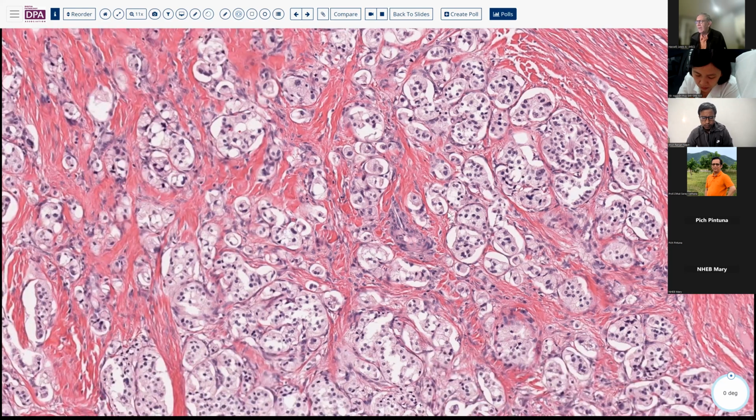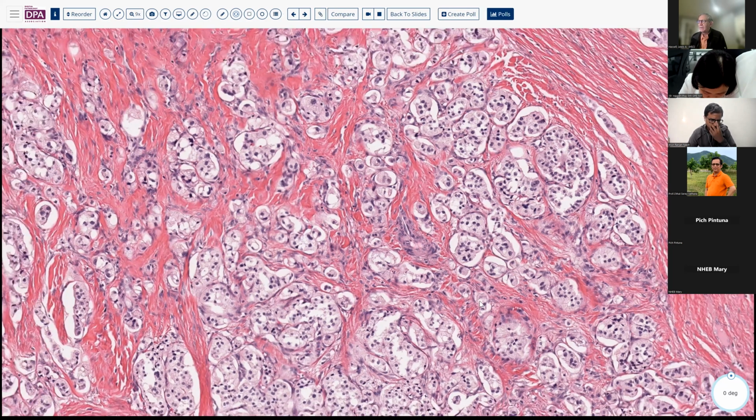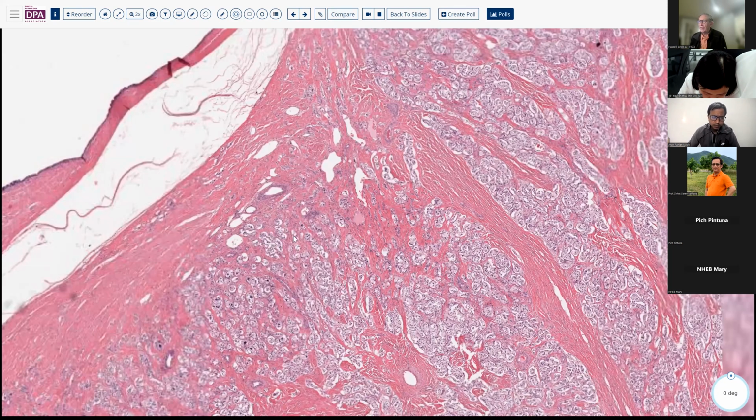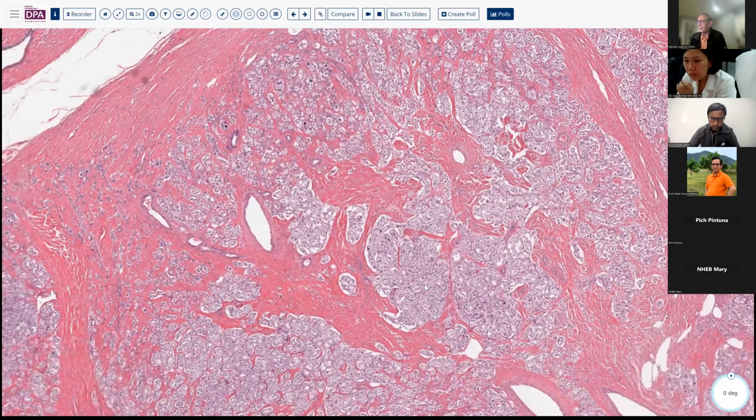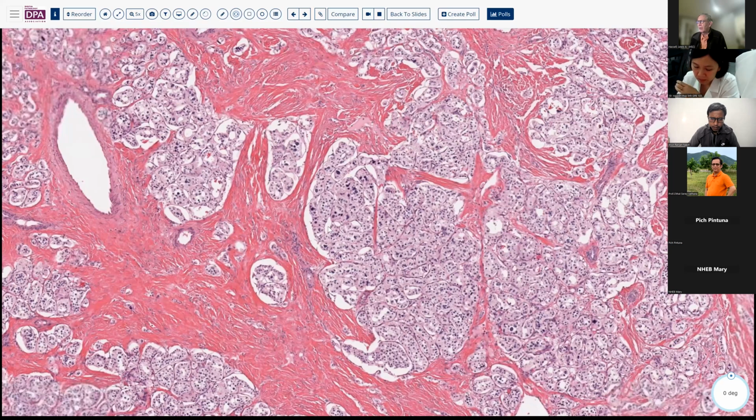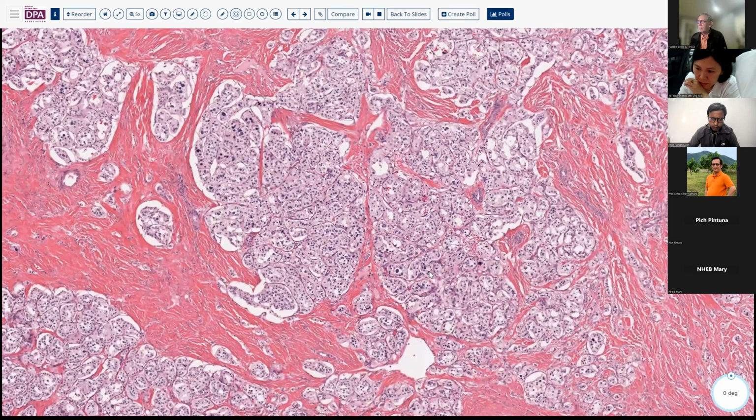But this did stain nicely with the conventional neuroendocrine markers of chromogranin and so forth. So probably the neuroendocrine component is the more serious element here, and would warrant the greater concern for follow-up or recurrence, or potentially other biologic behavior.